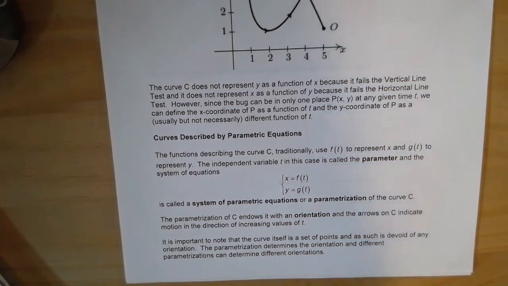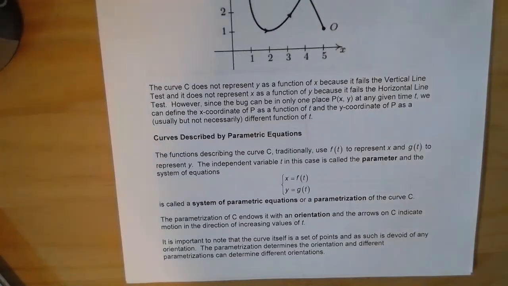The parametrization of C endows it with an orientation, so a starting point, and the arrows on C indicate the direction of increasing value of t. So when we graph, we're going to have to do those arrows too. It is important to note that the curve itself is a set of points and as such is devoid of any orientation.